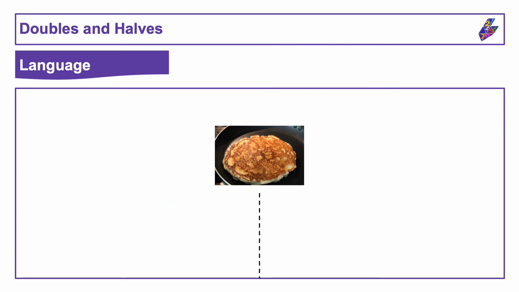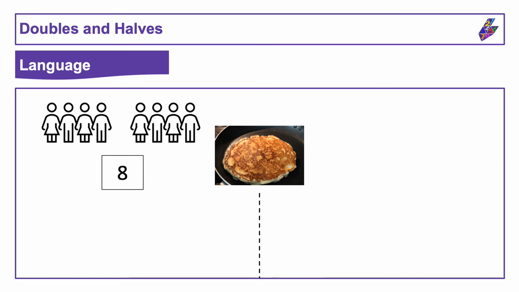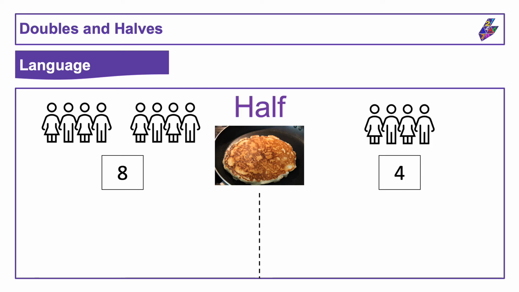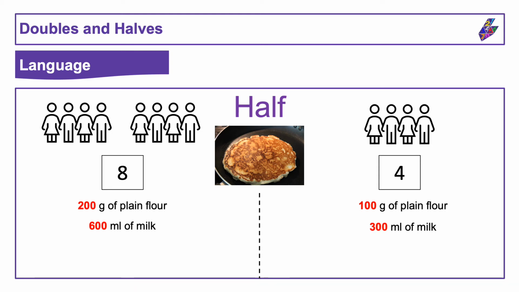So if we have a recipe for making pancakes for 8 people, and we want to make it for 1/2 the number of people, which is 4 people, we have to halve each of the ingredients. 1/2 of 200 grams of plain flour is 100 grams of plain flour. 1/2 of 600 millilitres of milk is 300 millilitres of milk. 1/2 of 4 large eggs is 2 large eggs.